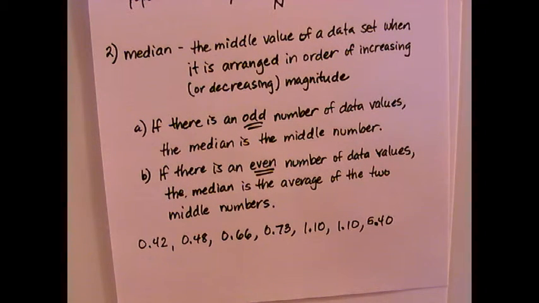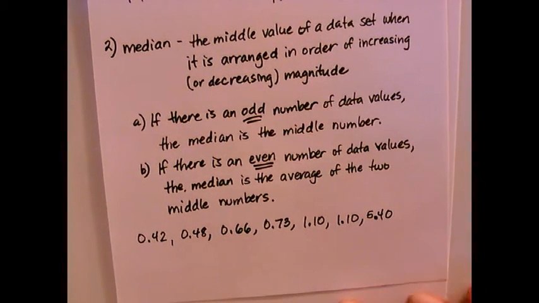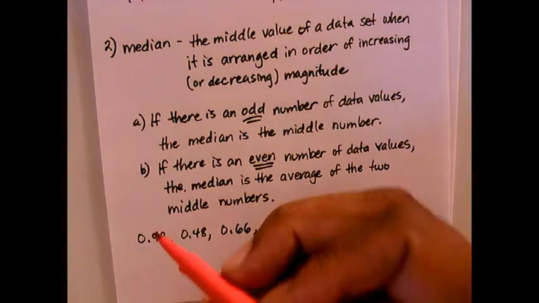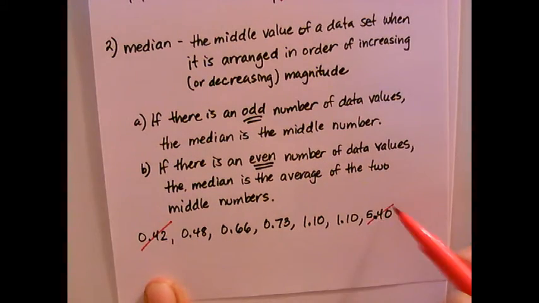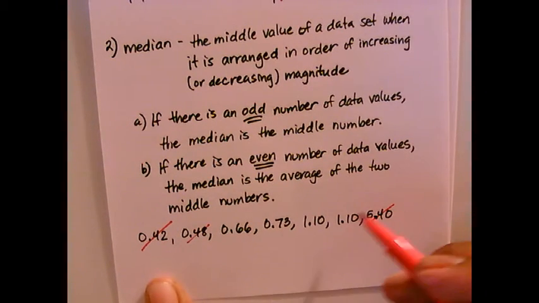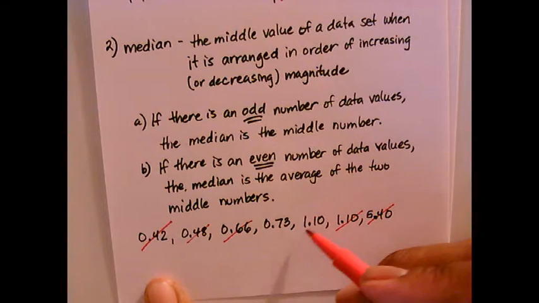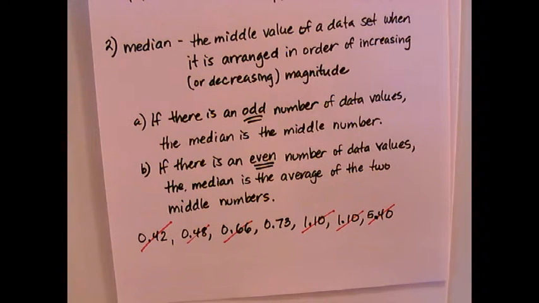So that's the data set in numerical order. Now, to find the middle number, probably the easy way is to cross out the first and the last numbers in that set of data, and continue to do that until you get to the middle number, which in this case is 0.73. So the median of that set of data is 0.73.